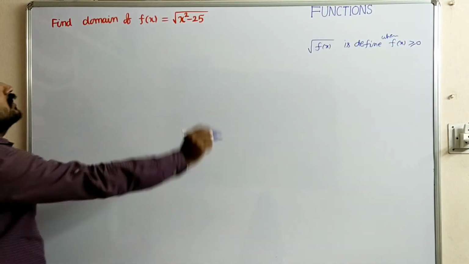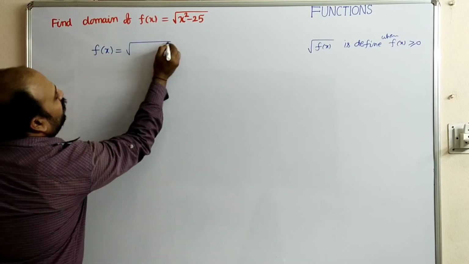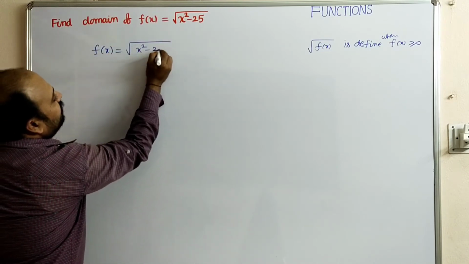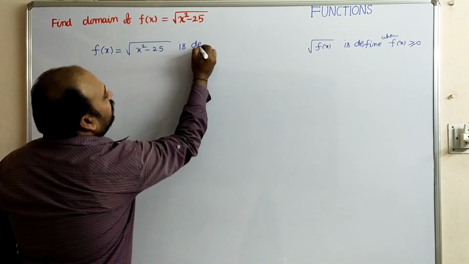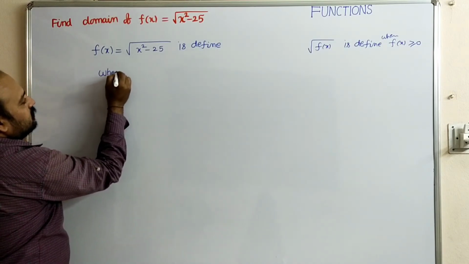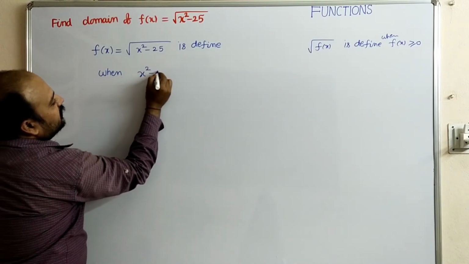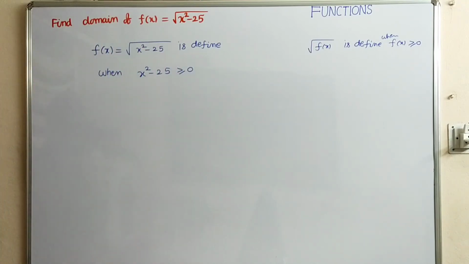Here also, f(x) = square root of x² − 25 is defined when x² − 25 is greater than or equal to 0.